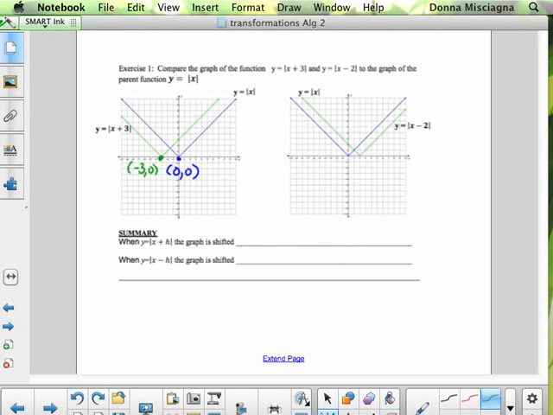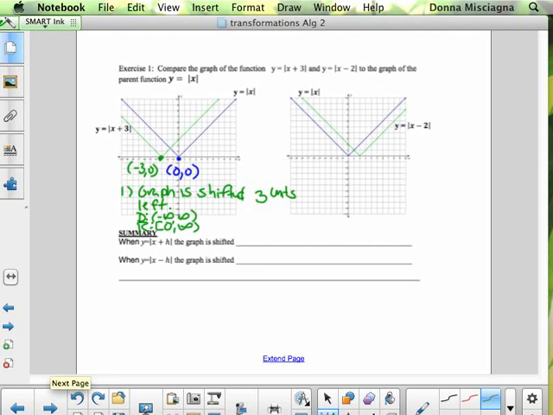All right, so the graph is shifted 3 units left. There is no change, however, in the domain and range. That would be negative infinity to infinity for the domain, and 0 to infinity because we didn't shift up or down.